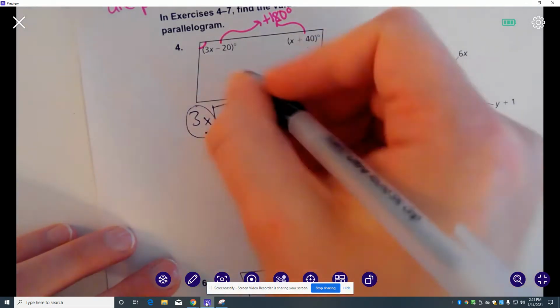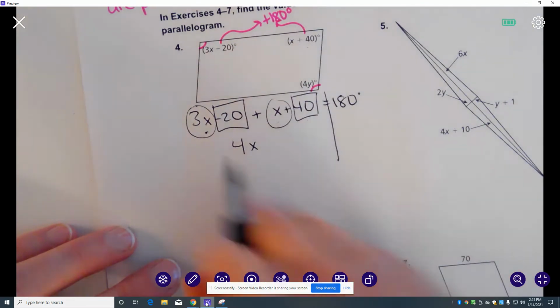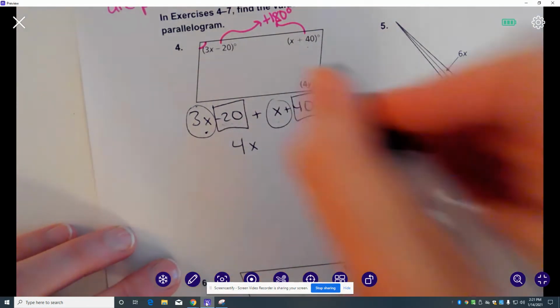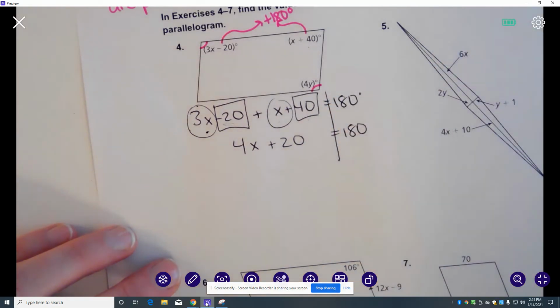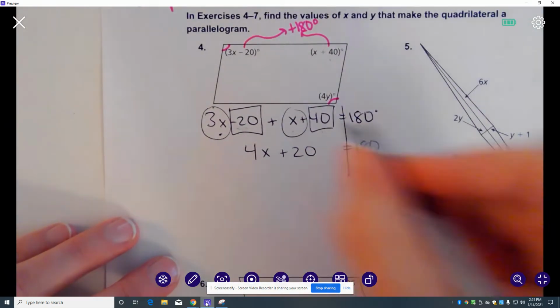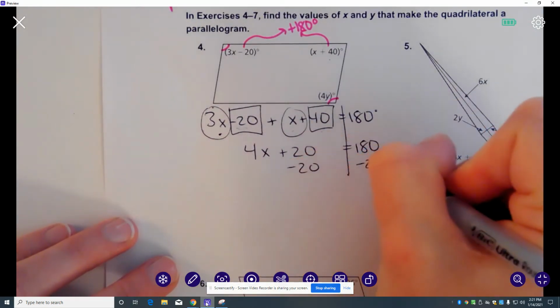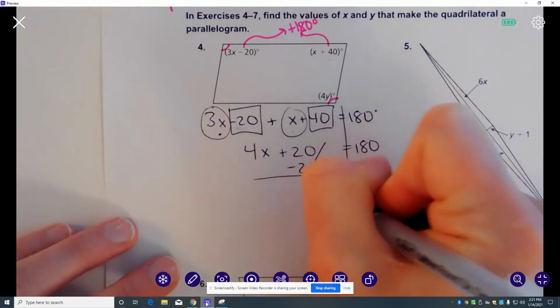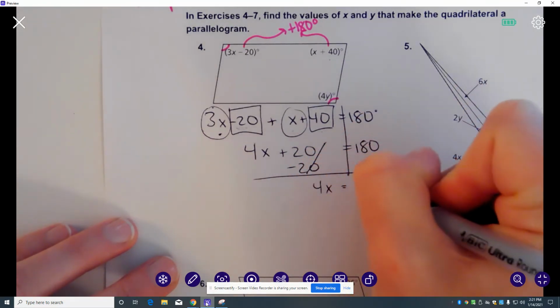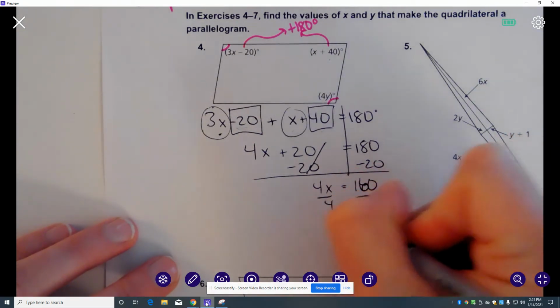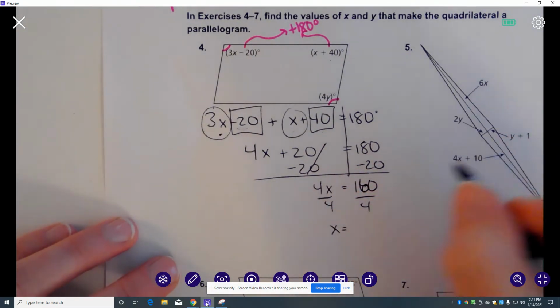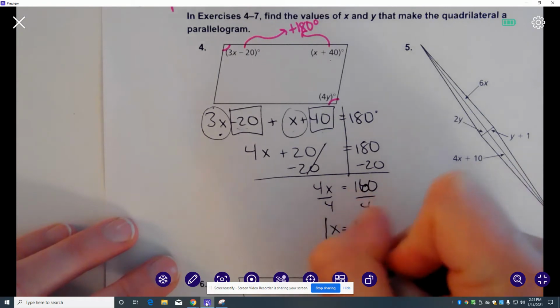So 3x plus 1x is 4x. Negative 20 plus 40 is positive 20. I'll subtract 20 from both sides, and then divide both sides by 4 to get a value of x that is 40.